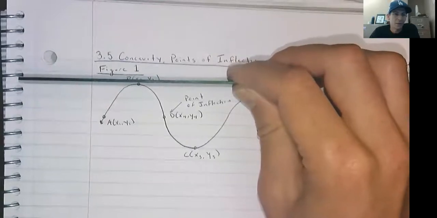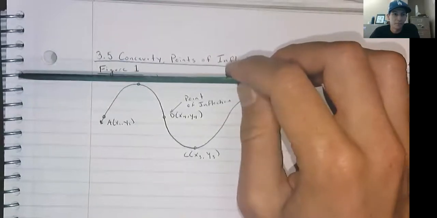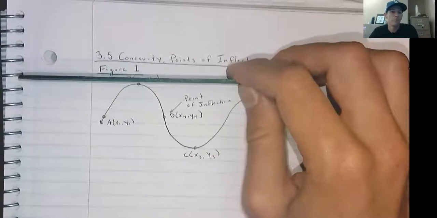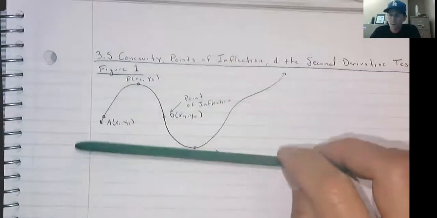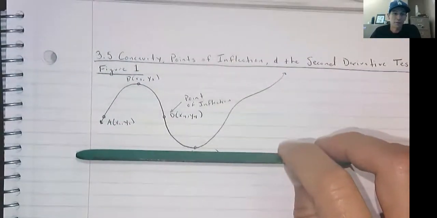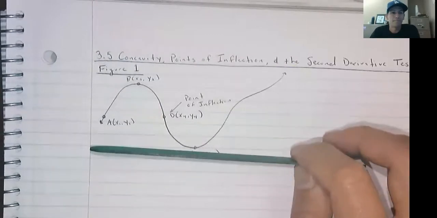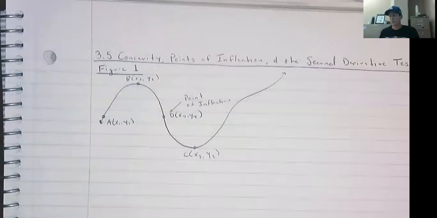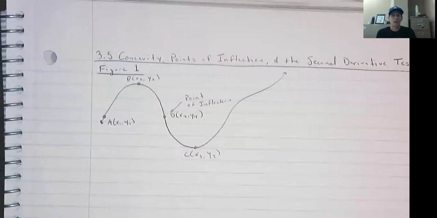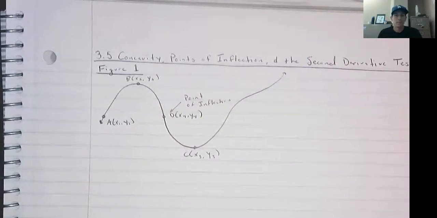What is the value of the second derivative there? If it's negative, meaning concave down, that's a maximum. If it's a positive second derivative, meaning concave up, then that's a minimum. And that can simplify our max and min search. Just take the second derivative. What does it say at that point?